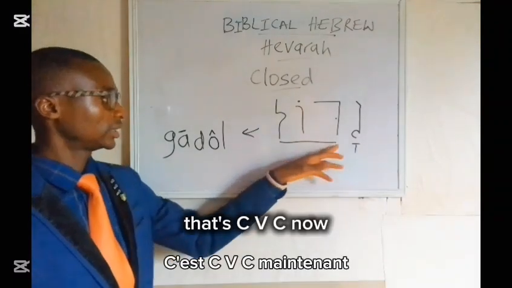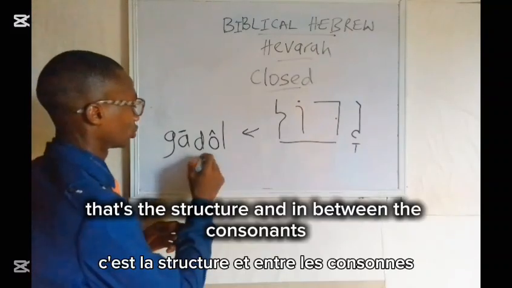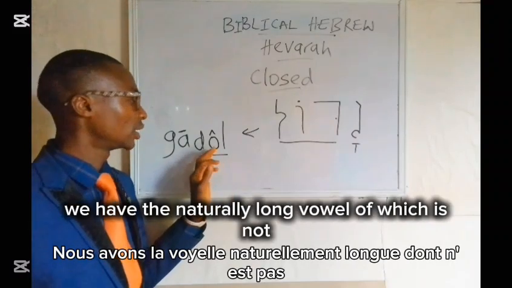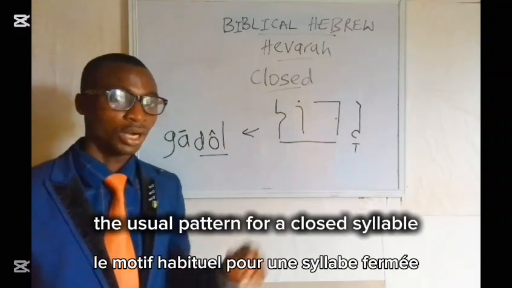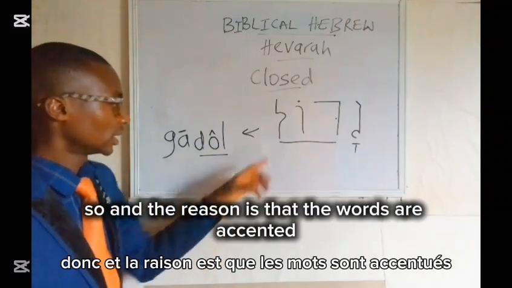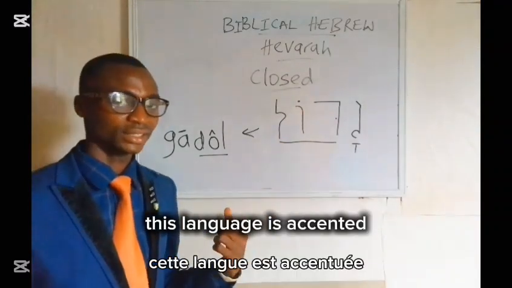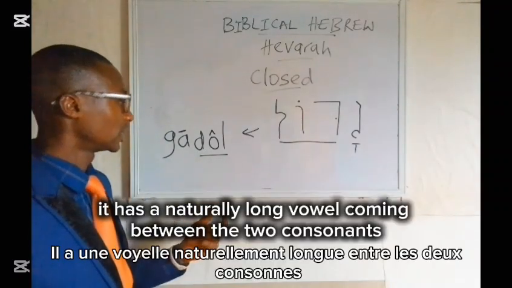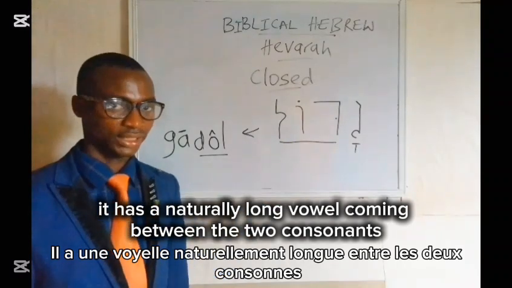That's C, V, C. Now that's the structure, and in between the consonants we have the naturally long vowel, which is not the usual pattern for a closed syllable. The reason is that the word is accented. This syllable is accented, and that's why we have a naturally long vowel coming between the two consonants.